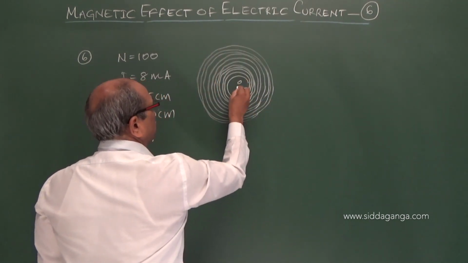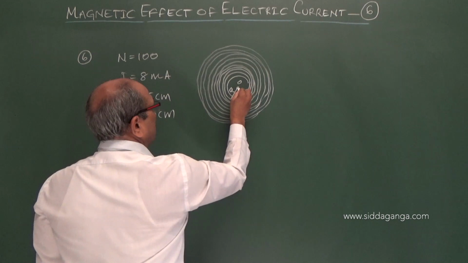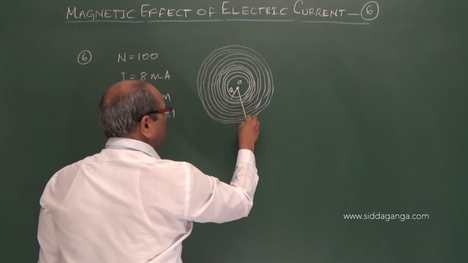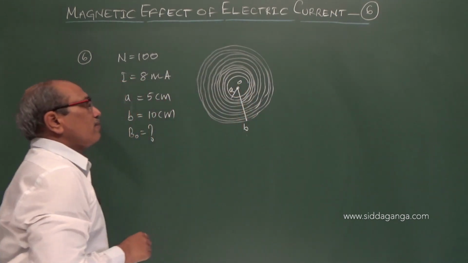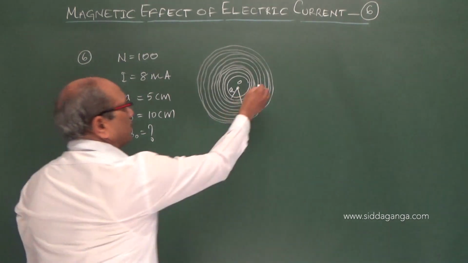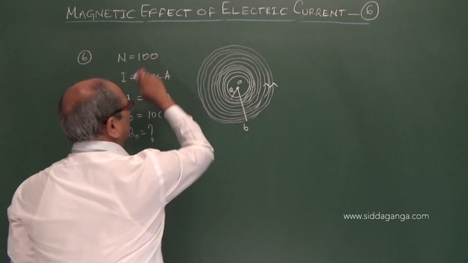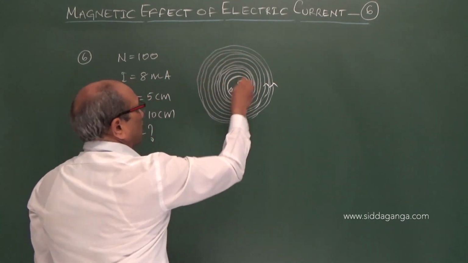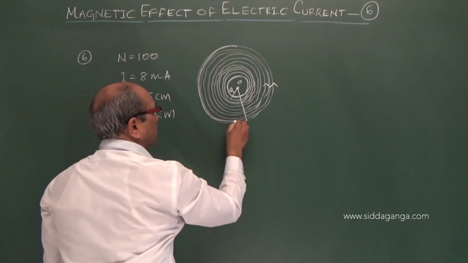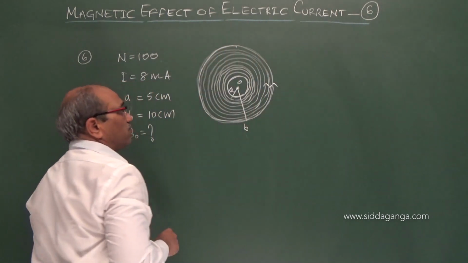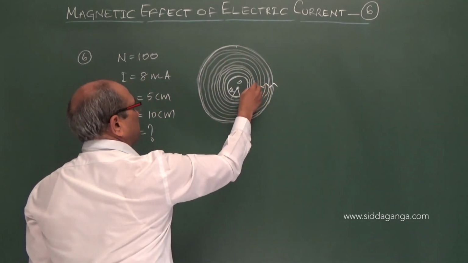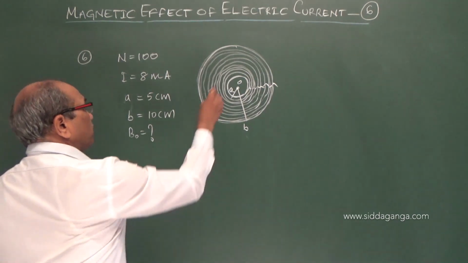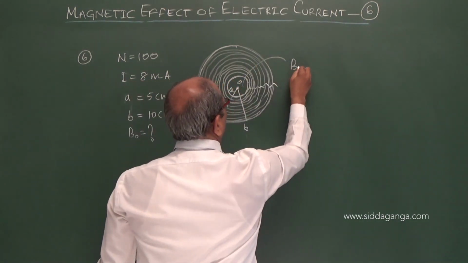From the center O, this is A and this may be B. The question gives the current and the number of turns, from the minimum radius, the inner size, to the outermost size. Each turn produces a magnetic field as the current flows in the same direction. What is the field at the center? B naught must be.